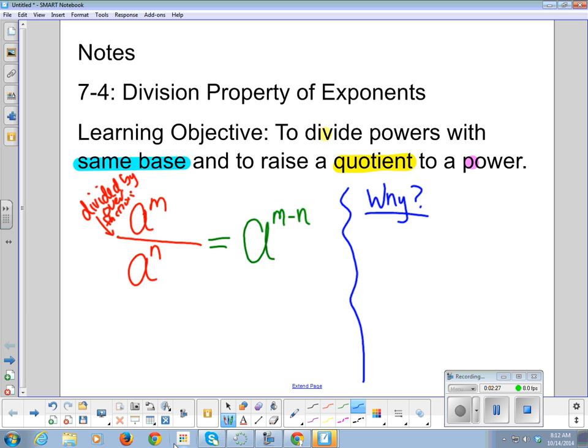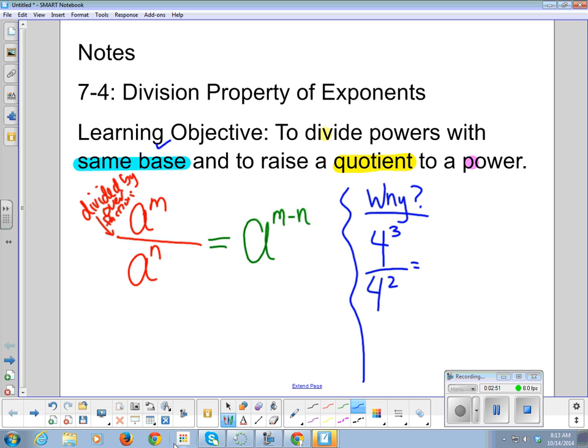Some of you don't care, and that's fine, but I think it's important as you are becoming more grown up in your math that you know why things are working. So if I have 4 to the 3 divided by 4 to the 2, my base is the same, so check this off our list. We have the same base. You cannot do this if your bases are not the same.